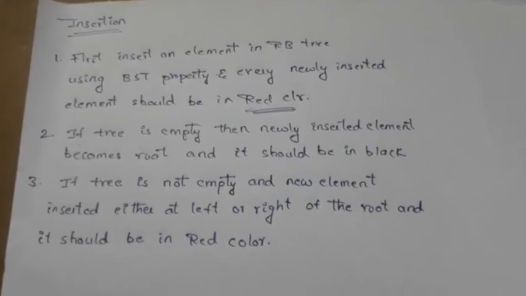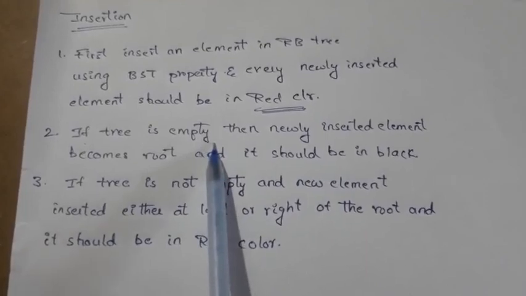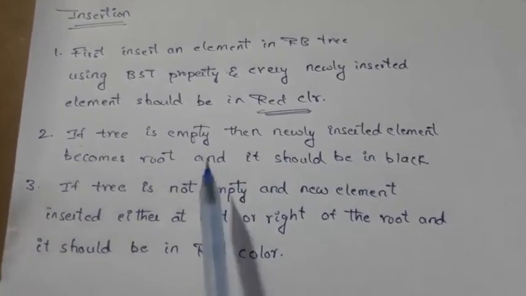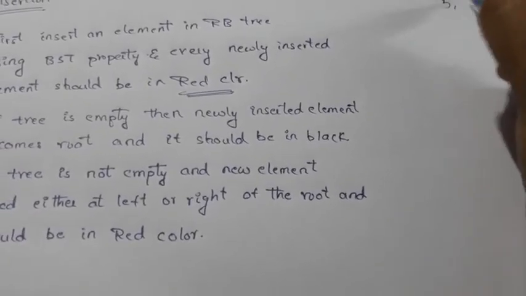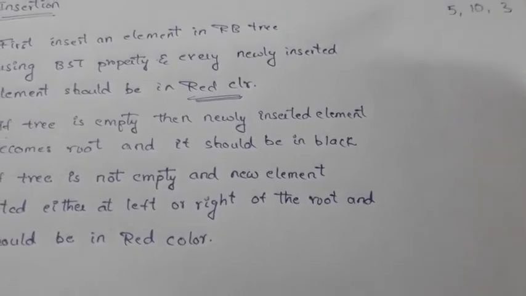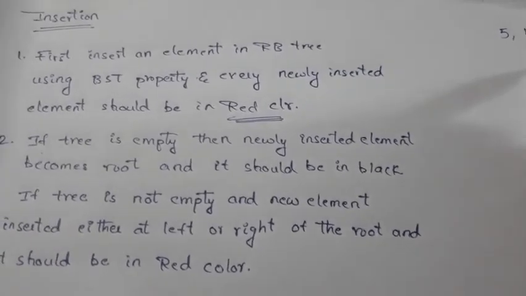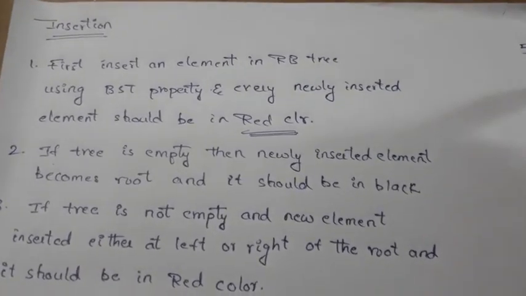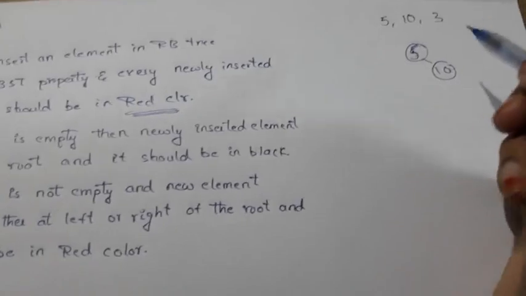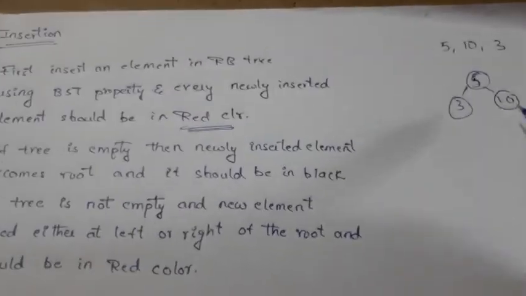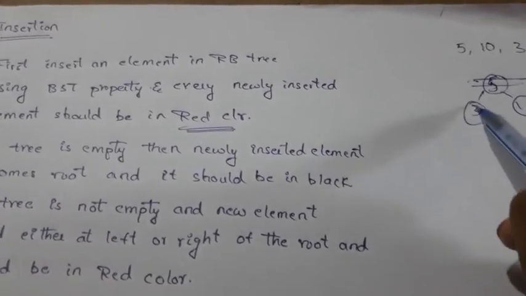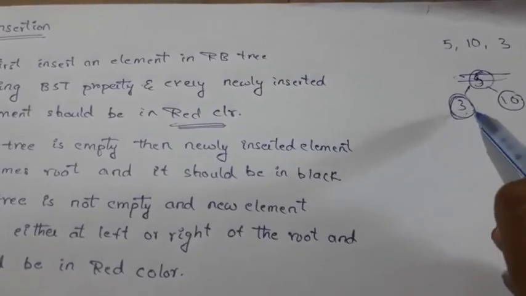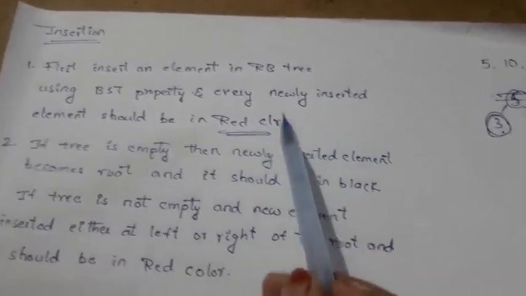Let me take a few elements as an example, that is 5, 10, 3, whatever it may be. If the tree is already constructed like this, 5, 10 and 3, and I am inserting this element 3 now, it is a newly inserted element and it should be in red color. That is the first point.